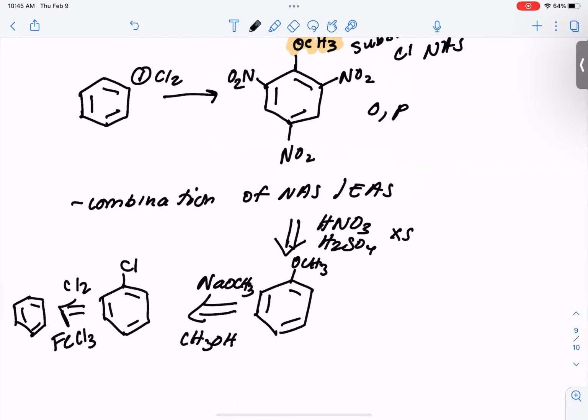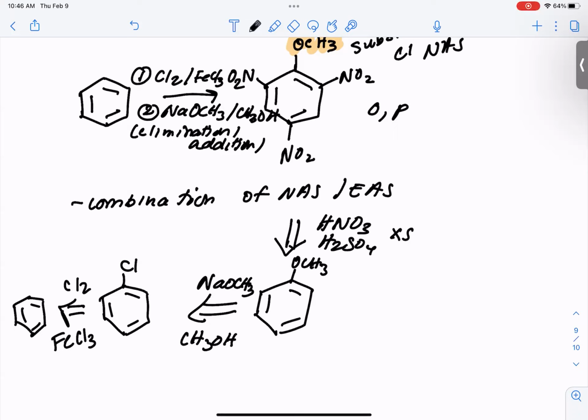So first step is Cl2 and FeCl3. And then you can do the nucleophilic aromatic substitution, and this would be by that benzyne, so it would be elimination addition, which I don't need you to add, okay, but I'm just telling you. And then HNO3 with H2SO4, and so you could do an excess of it.